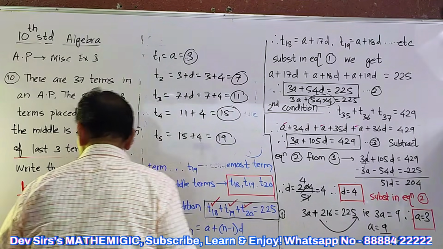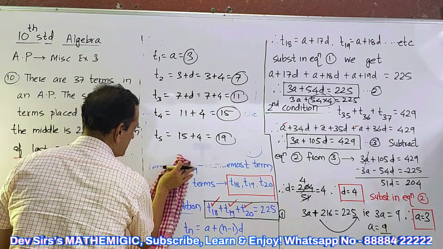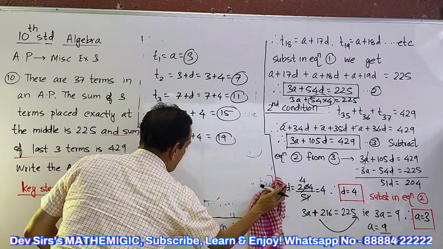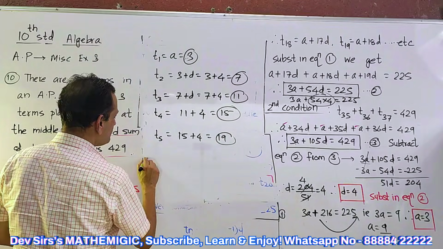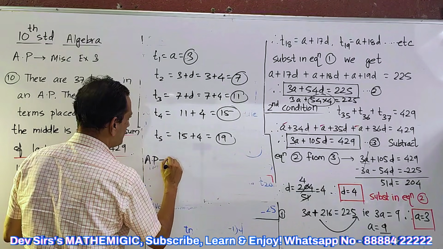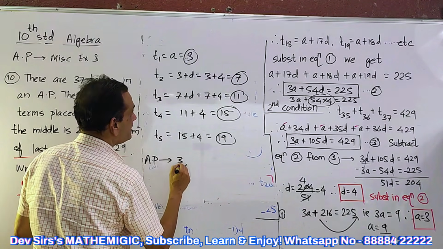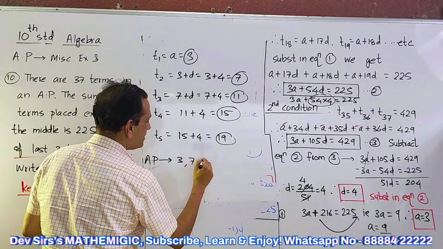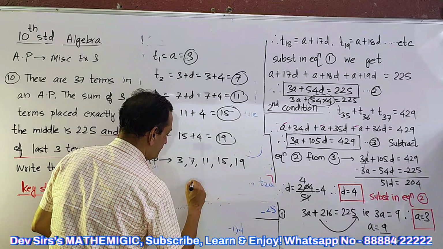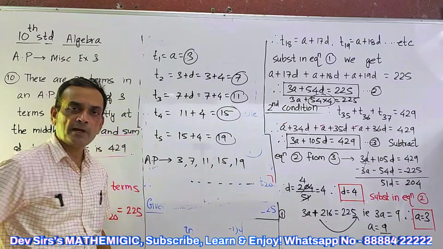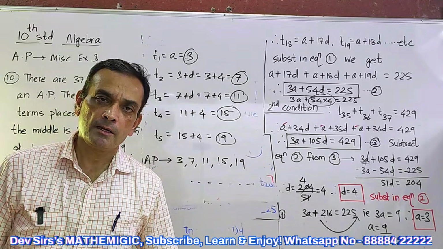Now let us write the sequence. Final answer. Therefore AP is 3, 7, 11, 15, 19 and so on. That is our AP.